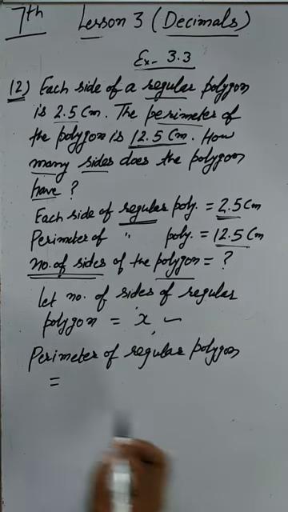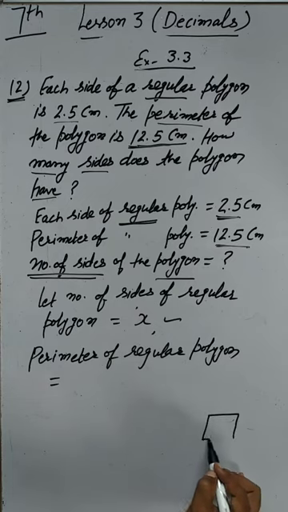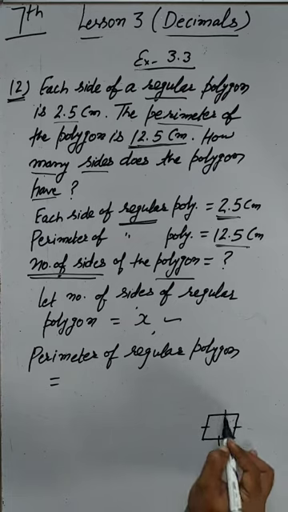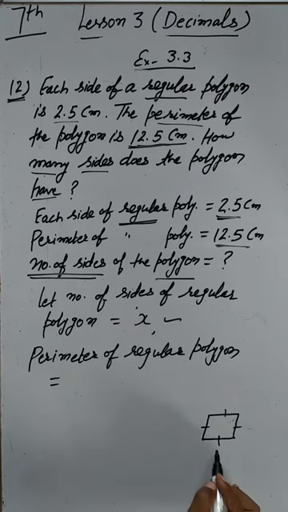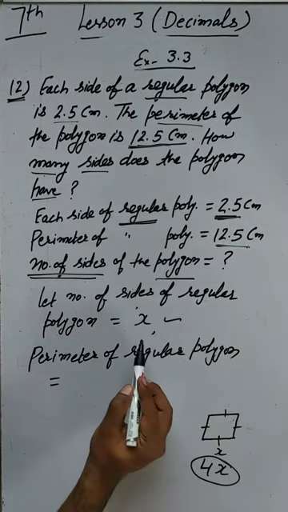Now look, you are all familiar with a square. You have studied it in class 6th. A square is a regular polygon with 4 sides. So if every side of the square is equal to x, then its perimeter beta will be 4x. Understood? Clear? Now here every side of the polygon is 2.5.